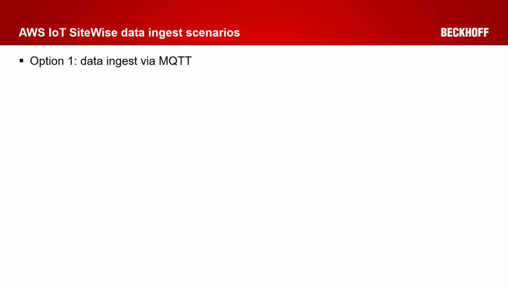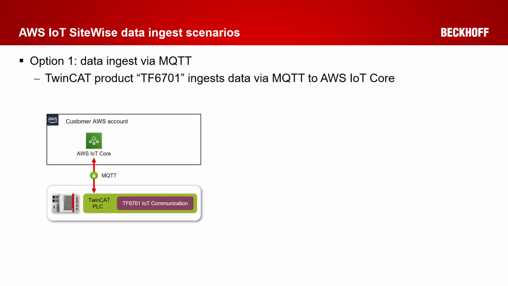So from our point of view, everything starts with the data ingest, right? Because with TwinCAT IoT, we want to connect our Beckhoff controllers to AWS IoT SiteWise, for example, to publish some I/O data points. One of the connectivity options to AWS IoT SiteWise is an MQTT connection between TwinCAT and the cloud service AWS IoT Core, which is basically a managed MQTT message broker on the AWS cloud.